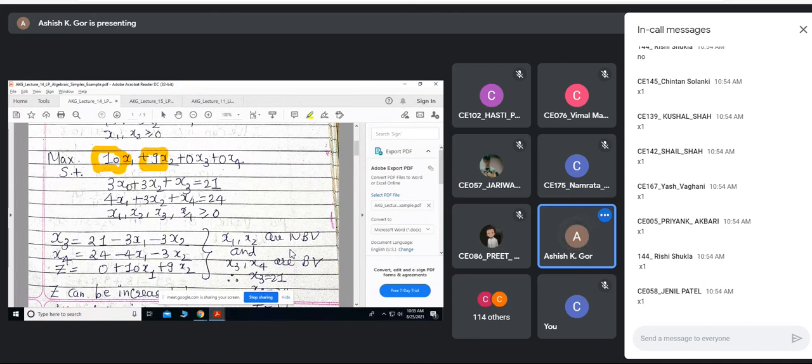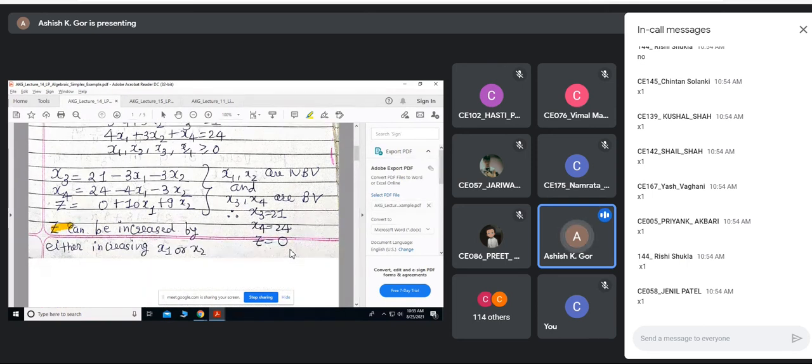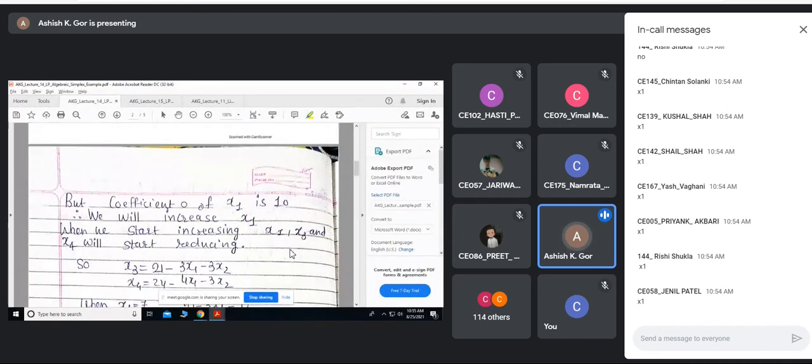Same way, if you increase x2 by 1 unit, it will be a 9 unit increase in z value. So z can be increased by increasing either x1 or x2, but which is more beneficial? x1 is, because x1 has a larger positive coefficient, 10, and we want to maximize.